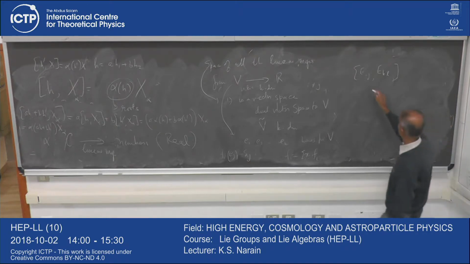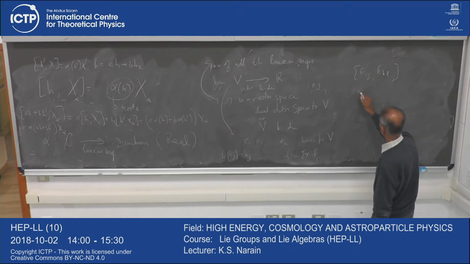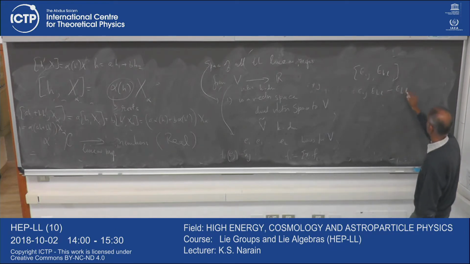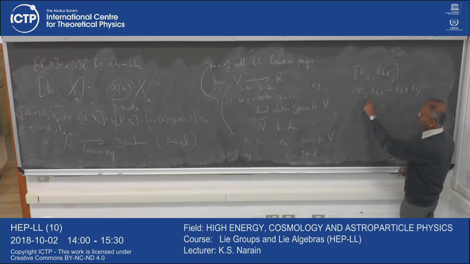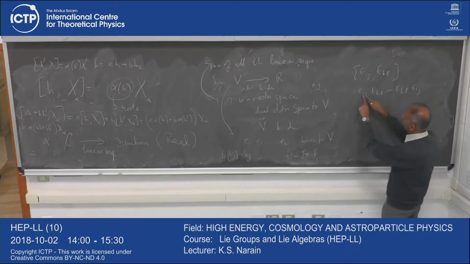What was that? So this is the same as E_ij E_kl minus E_kl E_ij. And if you now look at this matrix multiplication, a row here will multiply a column there, right? But here what this is saying is that the only non-zero element is the ith row and jth column, right?